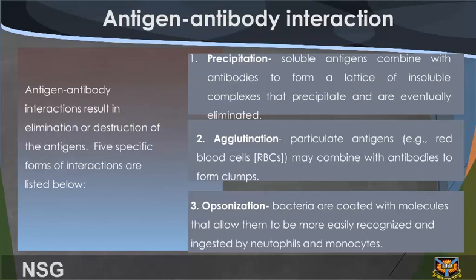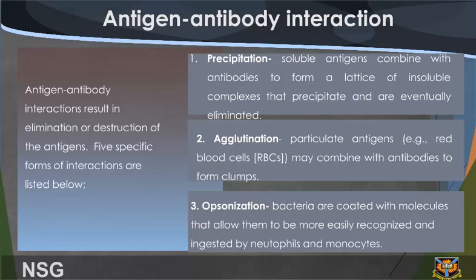Antigen-antibody interaction. Antigen-antibody interactions result in elimination or destruction of the antigens. 5 specific forms of interactions are listed below. 1. Precipitation. Soluble antigens combine with antibodies to form a lattice of insoluble complexes that precipitate and are eventually eliminated. 2.